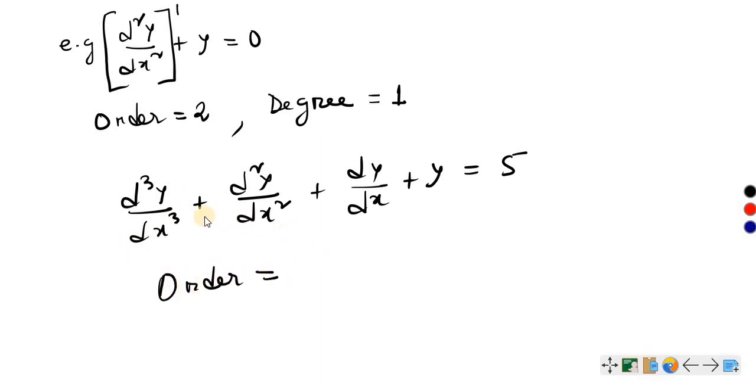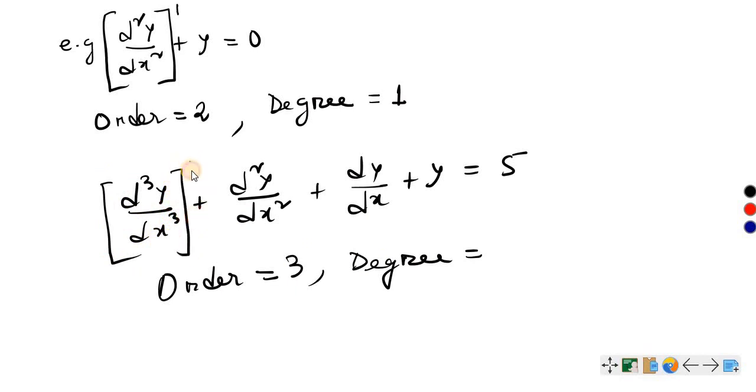We have to see the order of the highest derivative. Which one is the highest derivative among these three derivatives? Certainly this is the highest derivative, and so the order will be 3. And what will be the degree here? What is the exponent power of this highest derivative? It is 1. So I have to write 1 again.